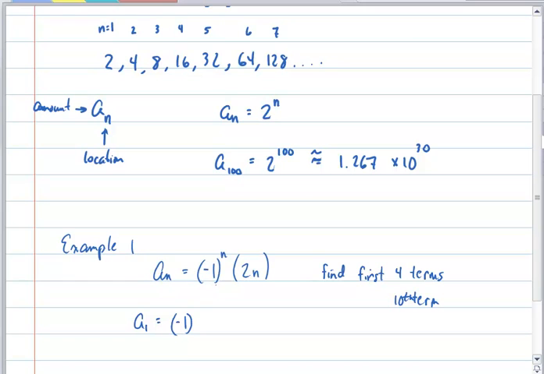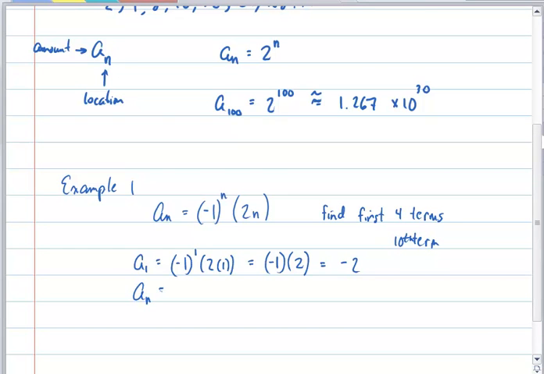I'm just going to demonstrate one, and then I'll go offline to do the rest and show you the results. So on the first one, -1 to the first power times 2 times 1. Any negative number raised to an odd power stays negative, and this would be times 2. So your first term in the sequence would be -2.